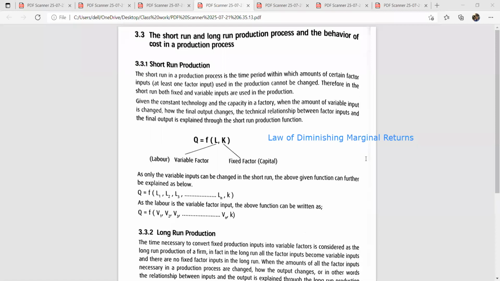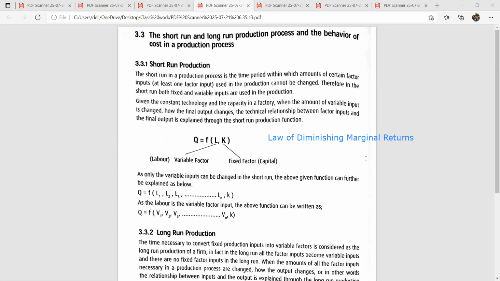Simply capital. Therefore, in the short run, both fixed and variable inputs are used in production. Given the constant technology and the capacity in a factory, when the amount of variable input is changed, how the final output changes, the technical relationship between factor inputs and the final output, is explained through the short-run production function.